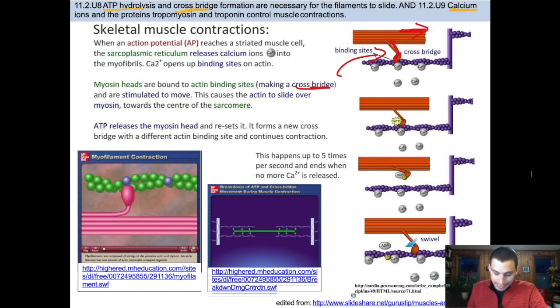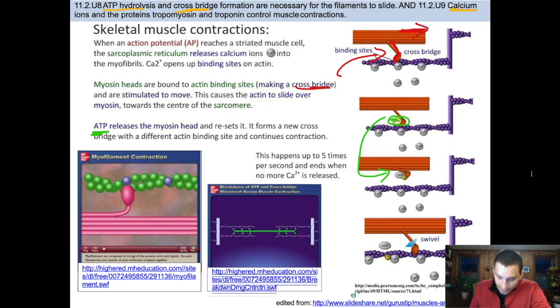So once that has happened, they're kind of locked in that position, and so you need something to reset it. So that's when ATP comes and binds to the myosin head, and it resets it. So it takes it and detaches it from the actin, and it resets it back up in its configuration where it can bind.